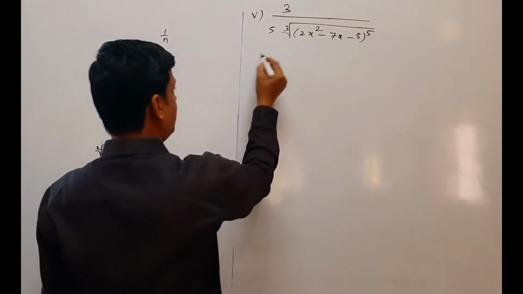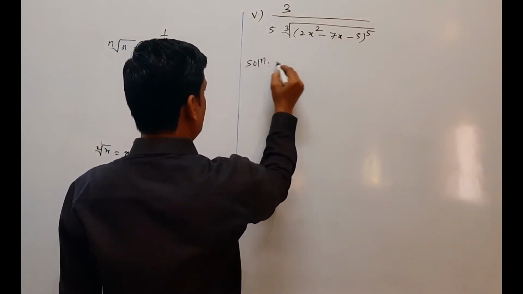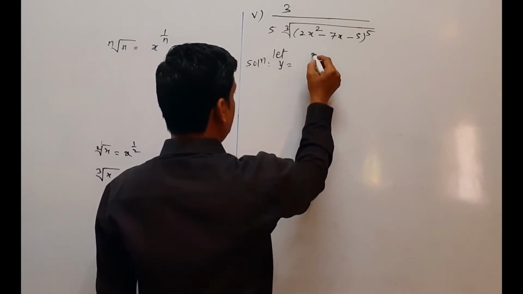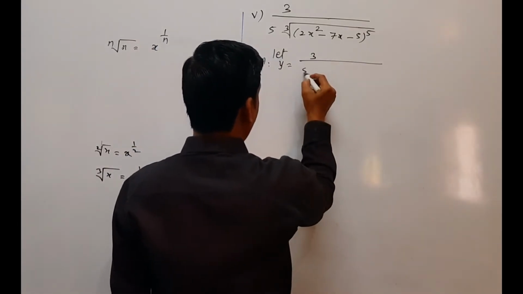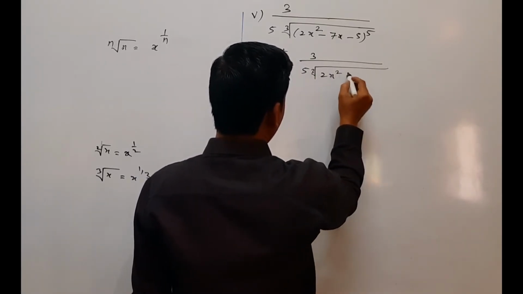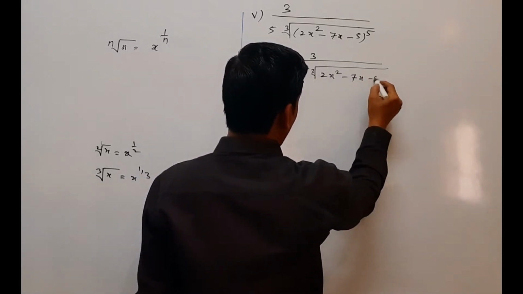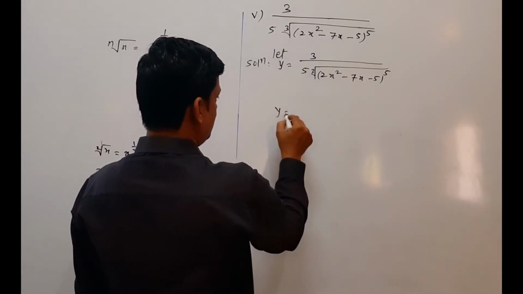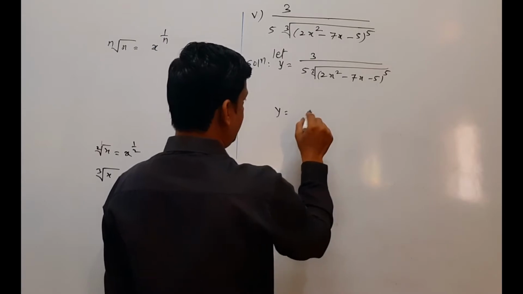So we write this as, in solution, let y equals to 3 upon 5 into cube root of 2x square minus 7x minus 5 bracket raised to the power 5. So first we simplify it, then differentiate.